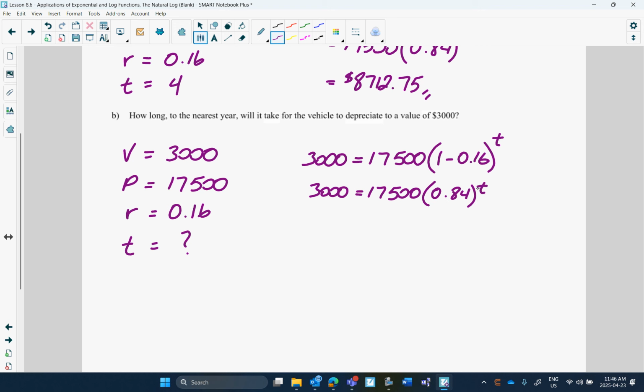Can I make the right side a little easier to deal with before I log? Divide this away. Just get the power by itself.